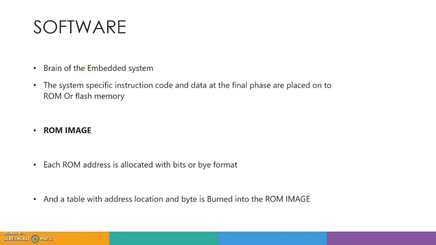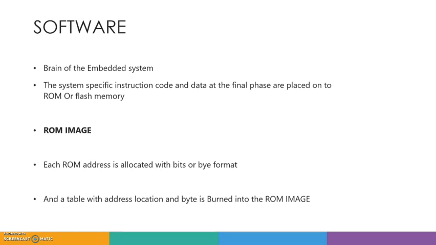Just like in our body, the brain controls and coordinates everything, so the functioning of the body is based on the brain. Just like that, the software of an embedded system is the brain of the embedded system, and it is the plans and rules based on which the embedded system works.